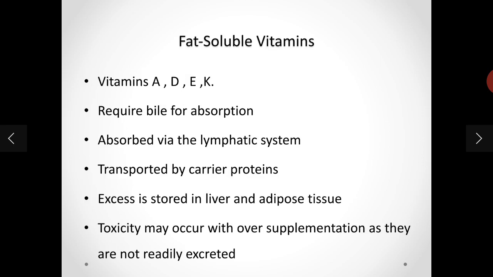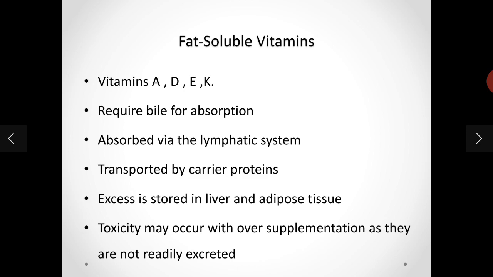So coming to the fat soluble vitamins, as I said, there are 4 fat soluble vitamins A, D, E and K, and these are the main basic features of all fat soluble vitamins. All these fat soluble vitamins require bile for their absorption, like your lipid absorption, and they are absorbed via the lymphatic channels, and they need a carrier protein for their transportation.